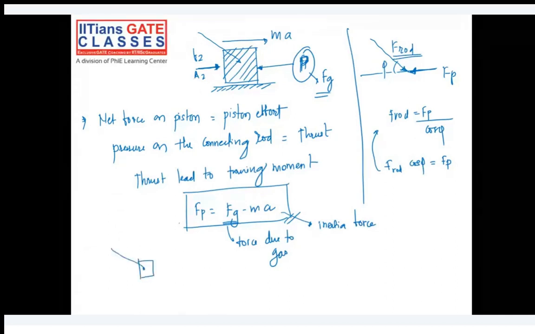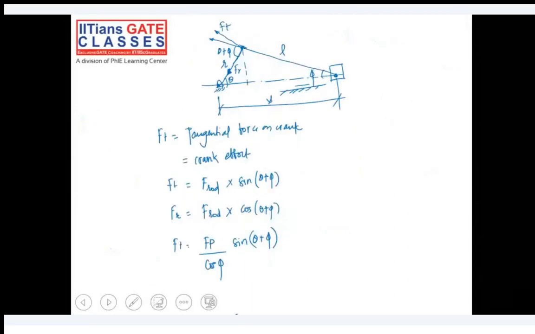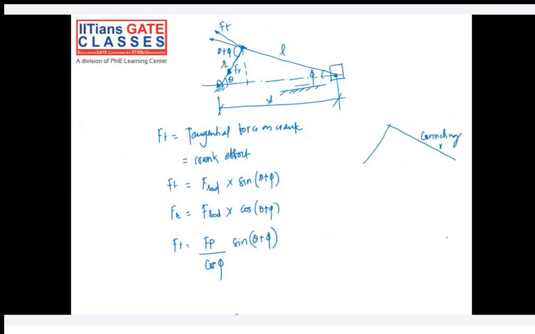This is our connecting rod and this is our crank. So this is our, let's say, F rod. F rod will be along the connecting rod.